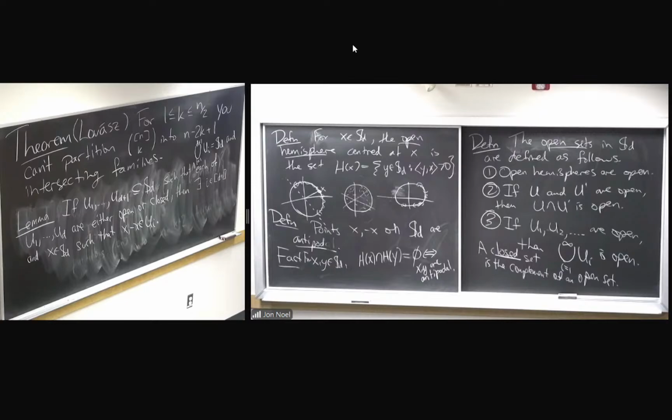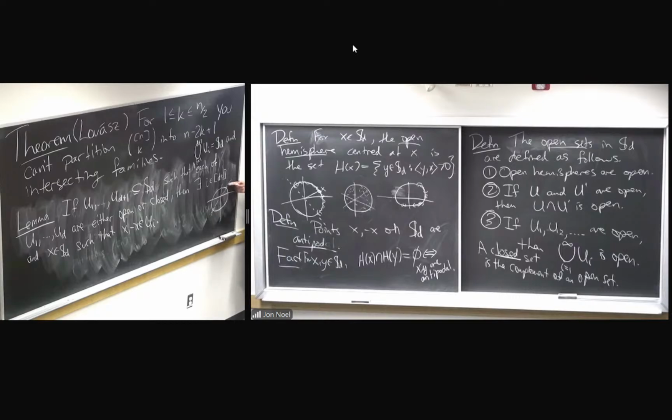Okay. So if you think about it in the case d equals 1, I feel like the most natural thing to try is some kind of open hemisphere. You're going to contain a lot of the sphere, but without antipodal points.